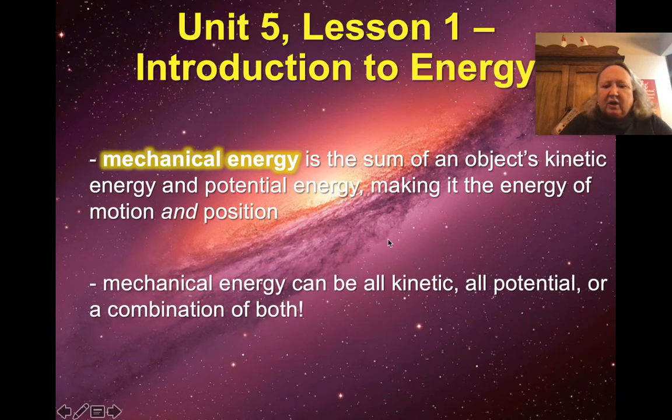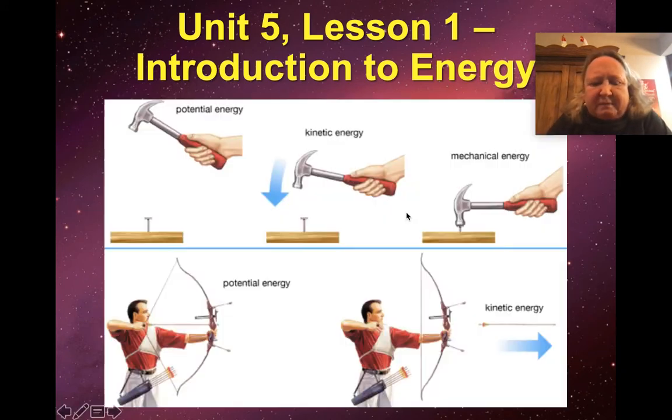It can be all kinetic, or all potential, or a little bit of both. For instance, if you're hammering a nail into a board, you have potential energy to begin with. As it moves, you have kinetic. And then at the end, those totals are mechanical. Same thing with a bow and arrow. So just know that mechanical is the combination of both.